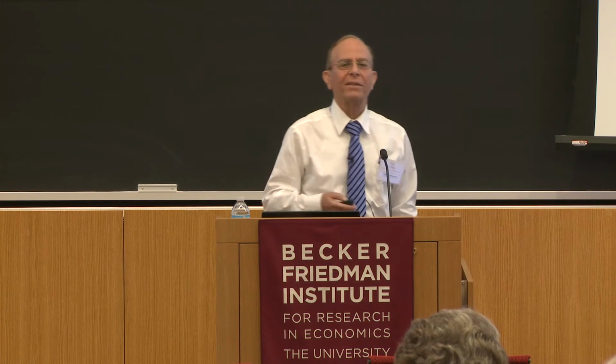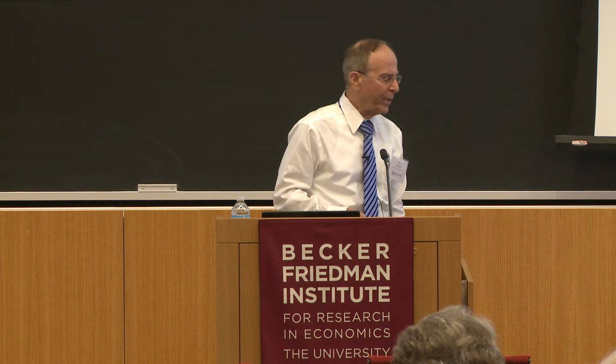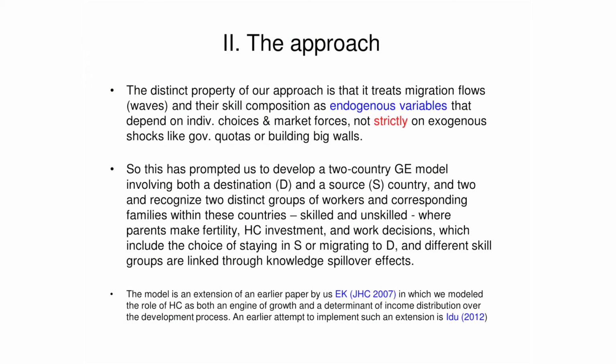In this regard, what we do here is an extension of a paper that we published in the Journal of Human Capital, the inaugural one, that dealt with the effect of endogenous growth on both growth and income distribution, over what we call in that paper the development period that links maybe a stagnant equilibrium with a growth equilibrium, the kind of issue maybe that Bob Lucas was wrestling with in his paper earlier today.